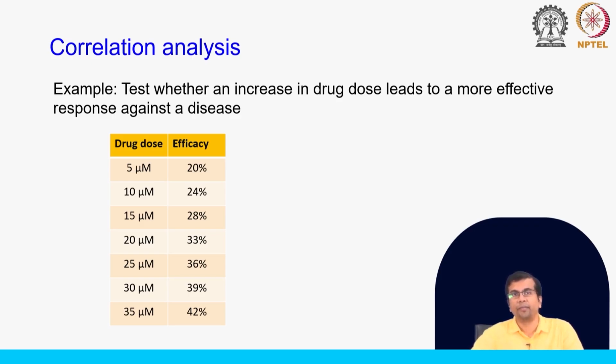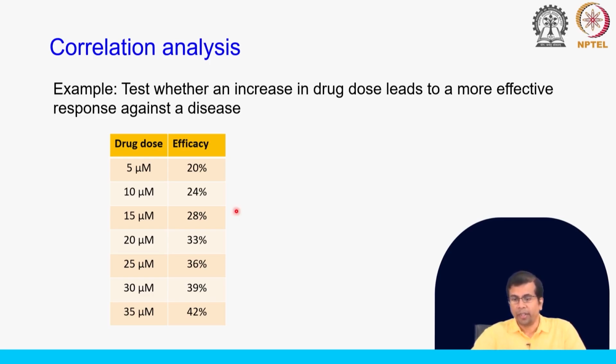In this table what you have is the drug dose in the first column, which tells us the concentration of drug that is being used, starting from, let us say, 5 micromolar, 10 micromolar and so on. In the second column we have efficacy, how effective the drug is based on the concentration, and we see these numbers, 20%, 25%, 24%, 28%, etc.